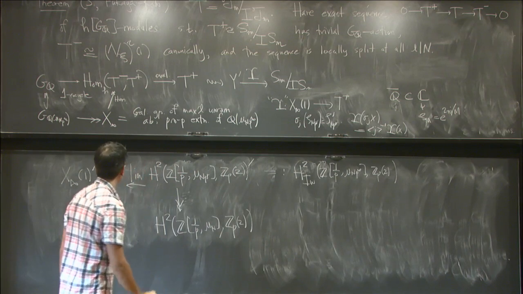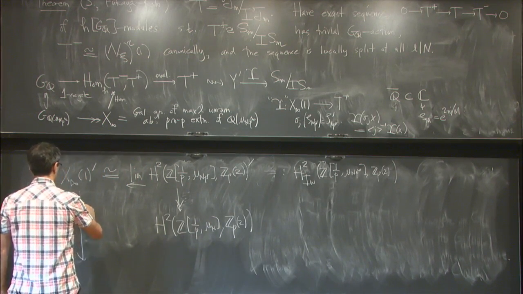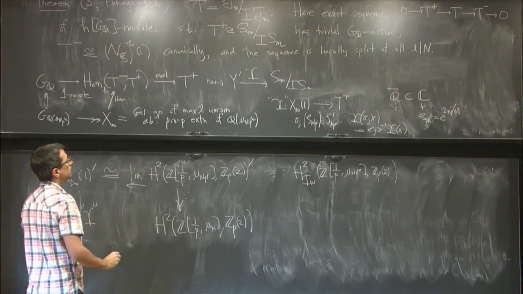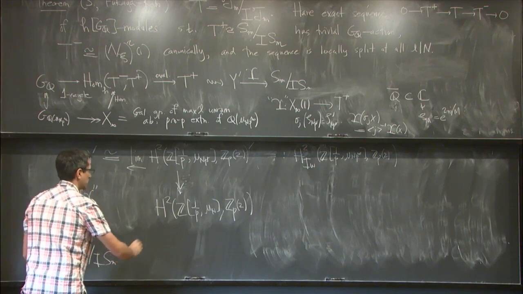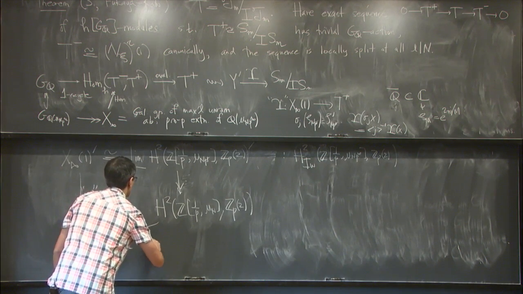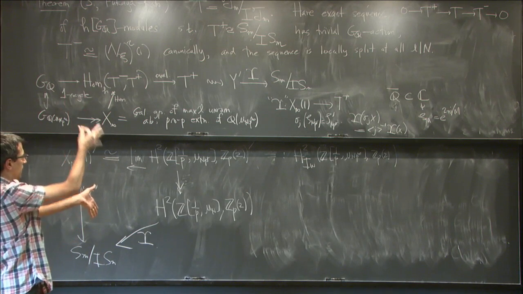And the point is that this map, this epsilon that we constructed to S mod I S, now actually factors through this thing. And that's how you get the epsilon. So you have to go up and then come back down.